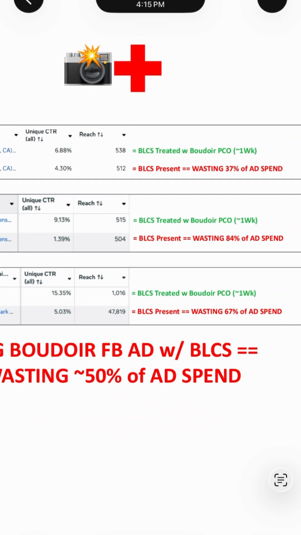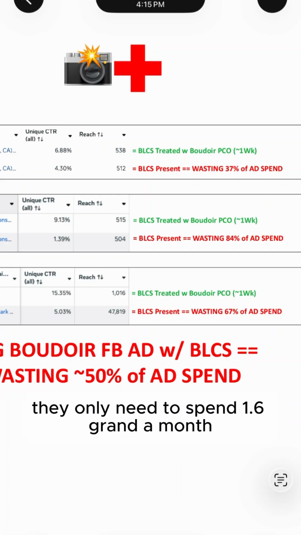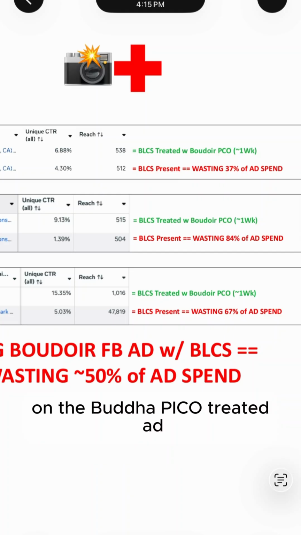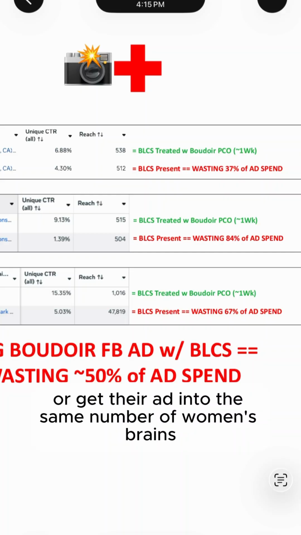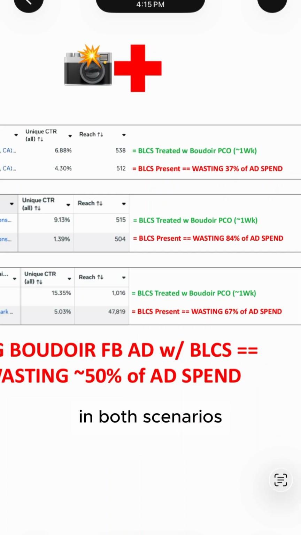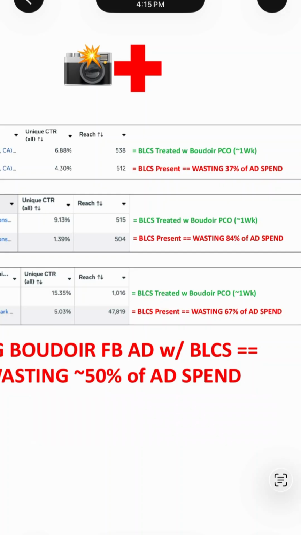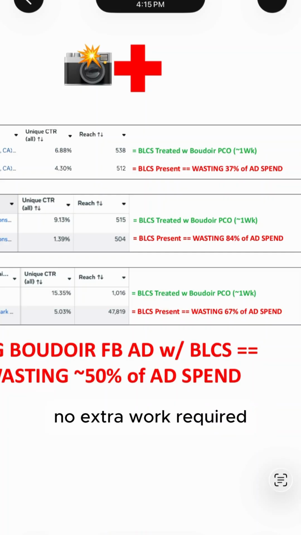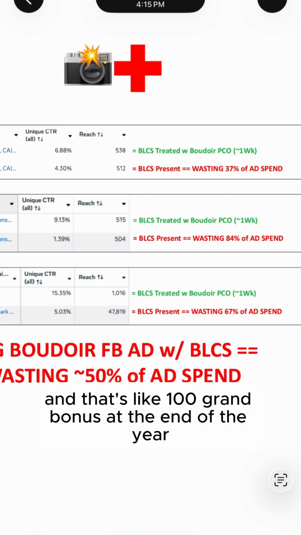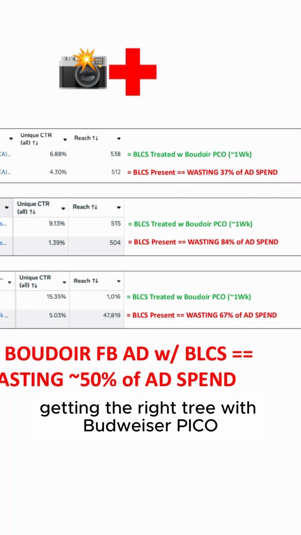If they spend 10 grand a month on the original Boudoir Facebook ad, now they only need to spend 1.6 grand a month on the Boudoir Pico treated ad to get their ad into the same number of women's brains in both scenarios. They simply pocket that $8,400 a month, not needing to spend that ad spend anymore, as a phantom bonus back in their pocket with no extra work required. That's like a 100 grand bonus at the end of the year by simply getting their ad treated with Boudoir Pico.